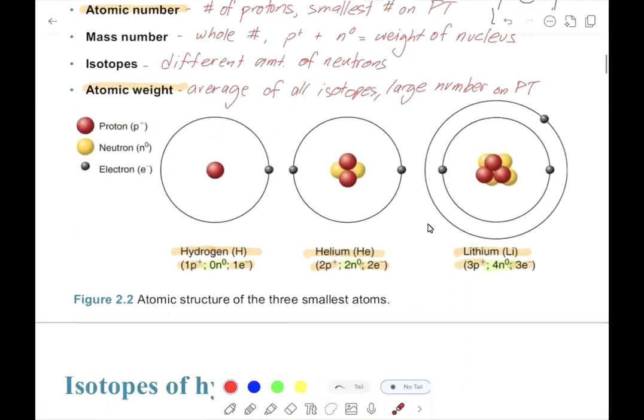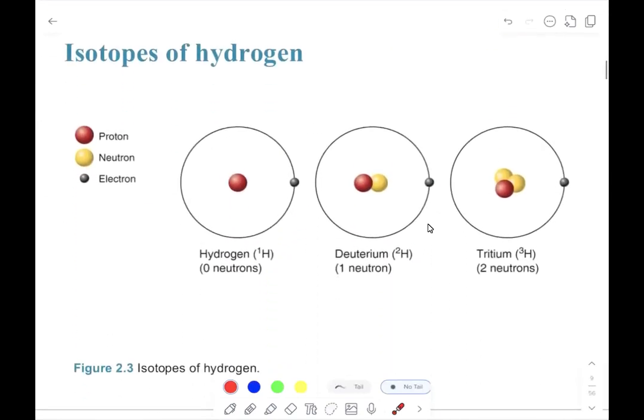So this slide is going to show the isotopes of hydrogen. And in the case of hydrogen, there's no neutrons, but these are two isotopes of hydrogen: deuterium, because there's one neutron, and tritium, which has two neutrons.